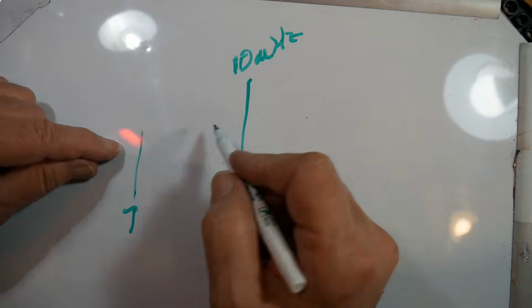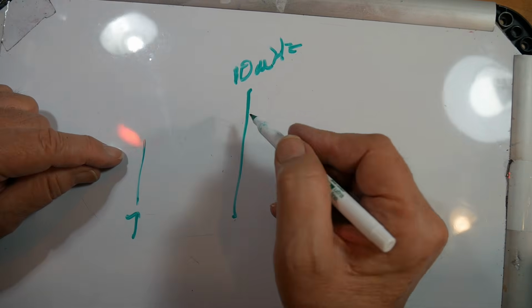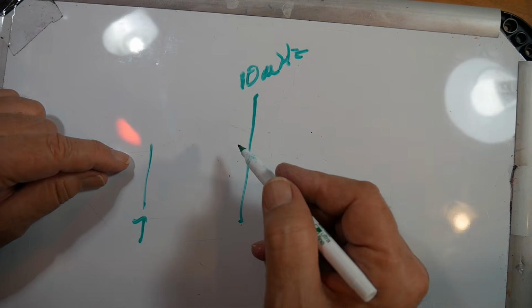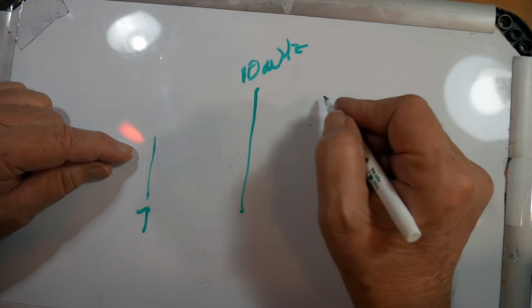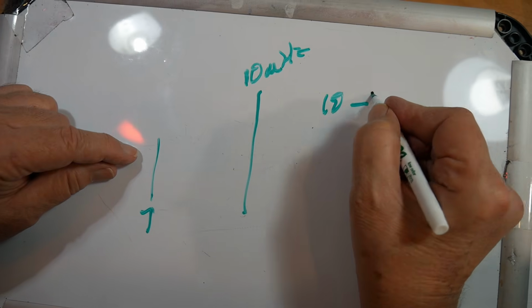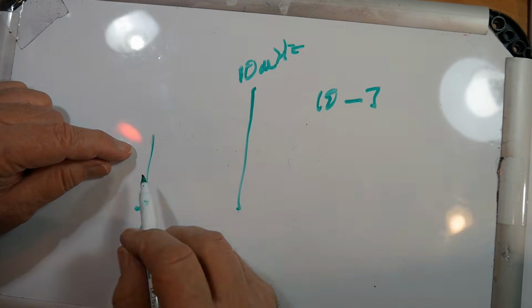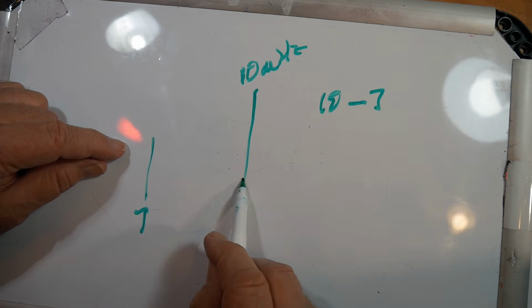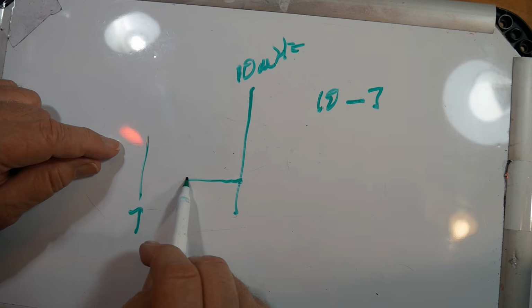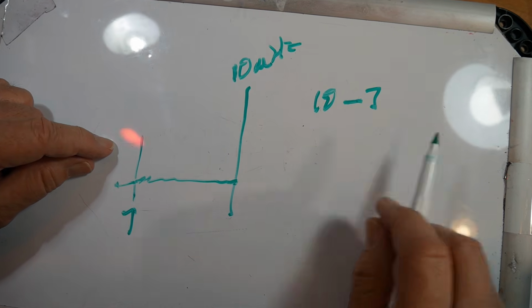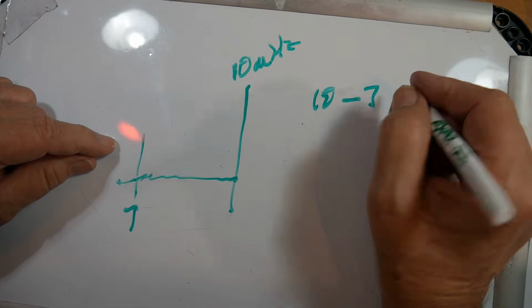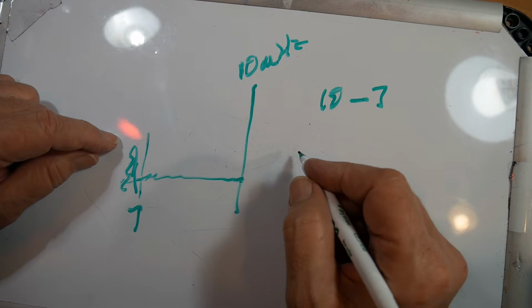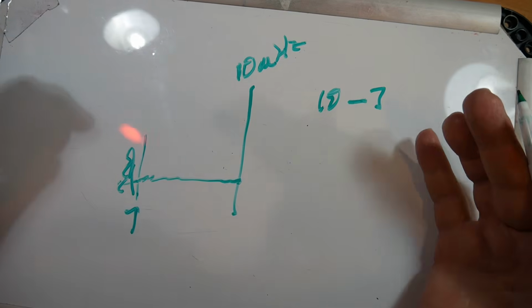So you had a mixer, so you get the sum, the difference, plus the two originals. What we're looking for is a difference, 10 minus 7. That means that for a frequency to be higher, it had to go beyond this. And so it was the lower sideband that was the easiest way to do it.